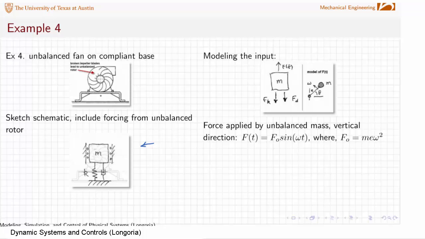But what we did was we assumed that the base here was very rigid in the lateral direction, but could possibly vibrate up and down in the vertical direction. So we modeled it in this schematic here, and we've represented this compliant base with a linear spring, and also included, even though there's no explicit damper, an ideal damper to represent the fact that all materials are going to have some loss effects.